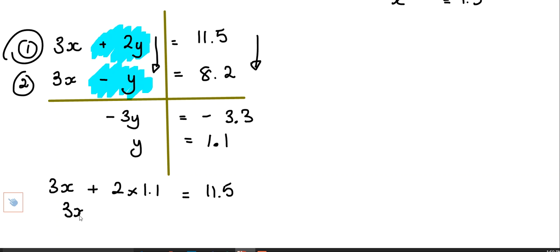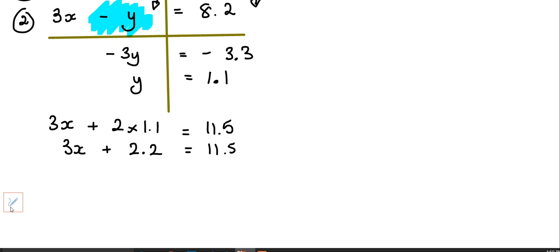So 3x plus 2.2 is 11.5. Therefore, you inverse, 3x is 11.5 minus 2.2, which is 9.3. Alright.